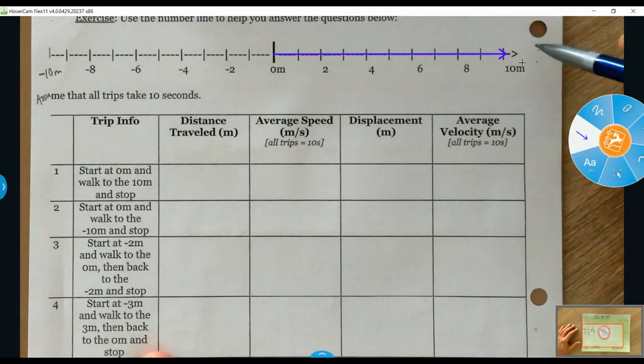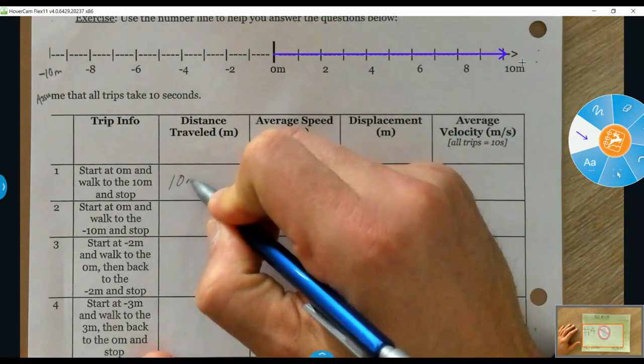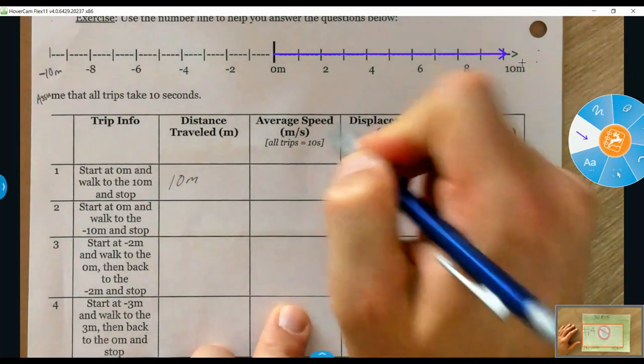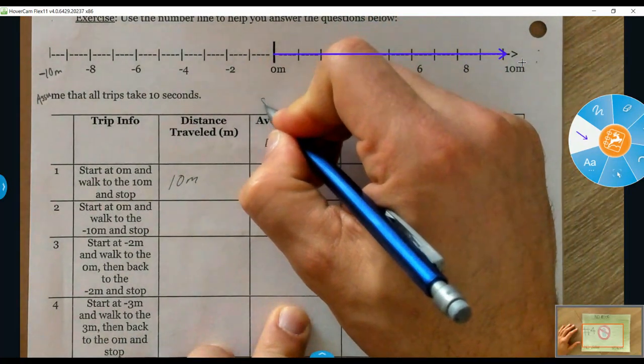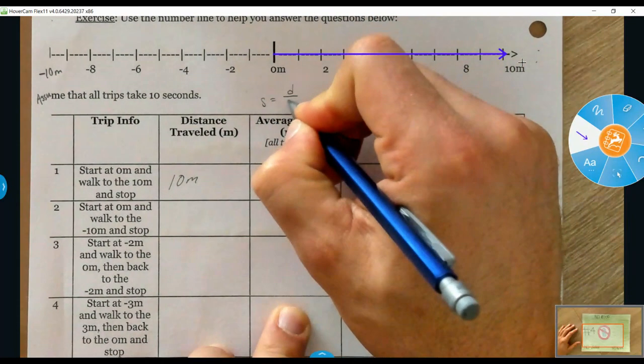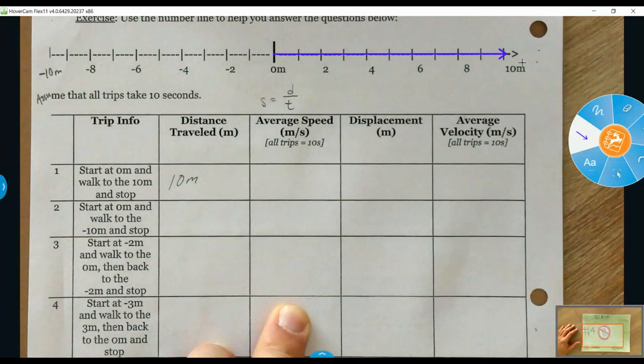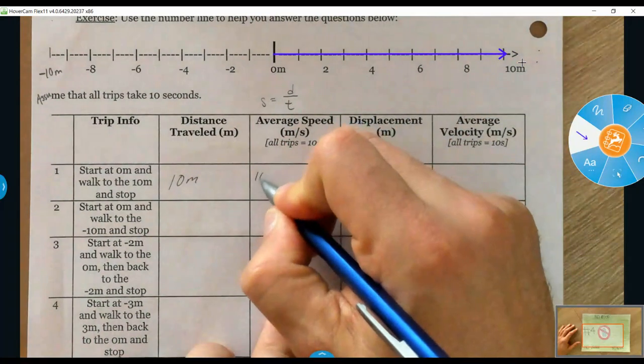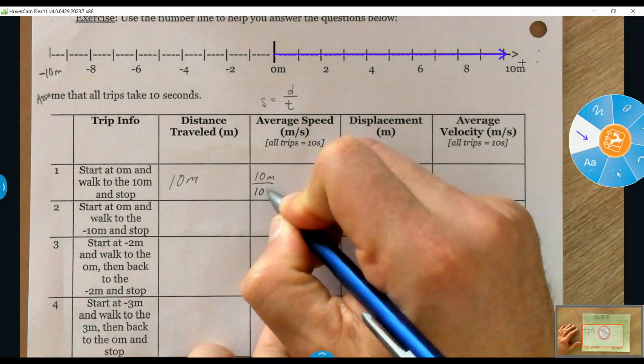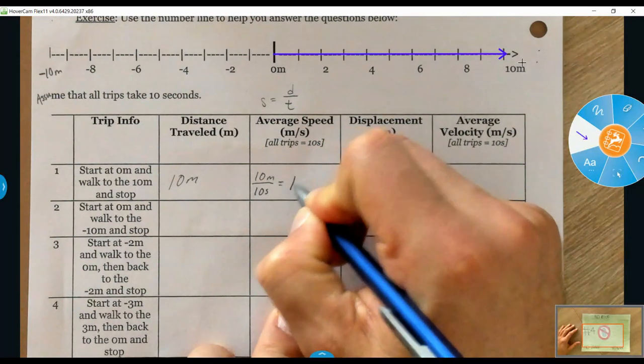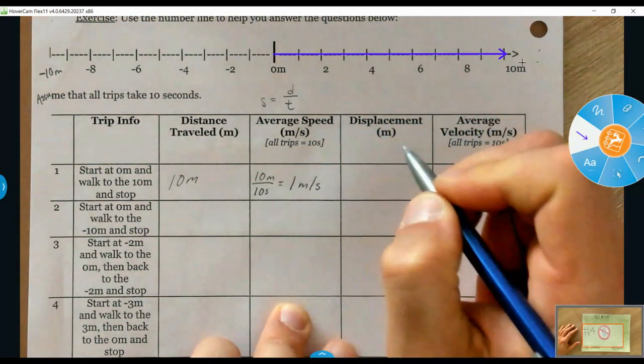How far did you just move? 10 meters. So average speed, if we don't remember what that is, distance over time. So we moved 10 meters in 10 seconds. 10 over 10 is 1 meter per second.